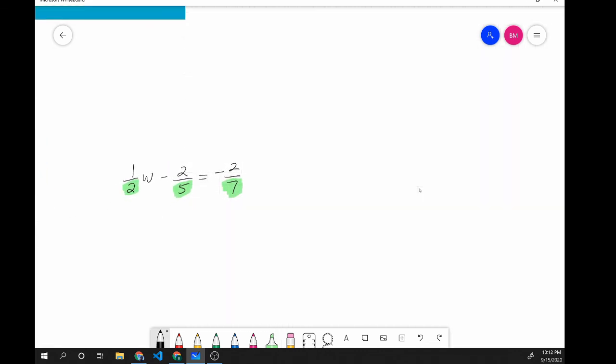Now, if you're unsure of how to do this, what you can do is actually make a chart. You can say 2, 5, and 7, and do all the multiples out. So 2 times 1 is 2, 2 times 2 is 4, 6, and so on. Same with 5. 5 times 1 is 5, 5 times 2 is 10, 15, 20, and so on.